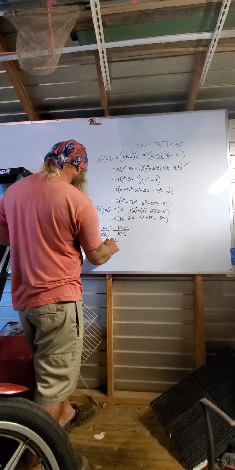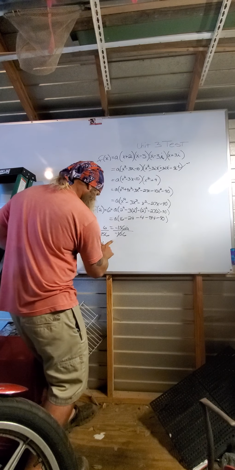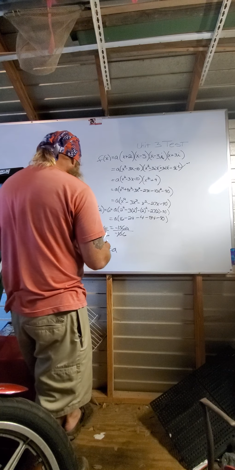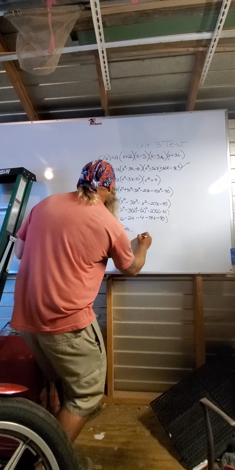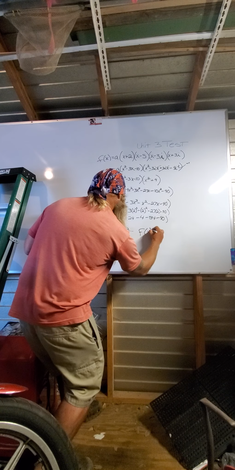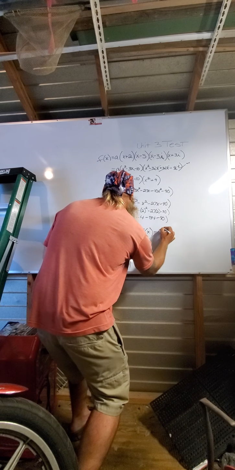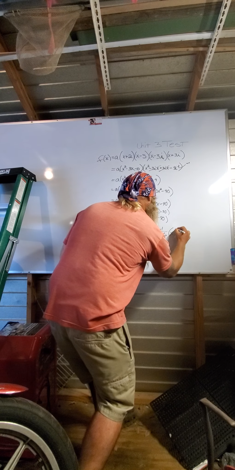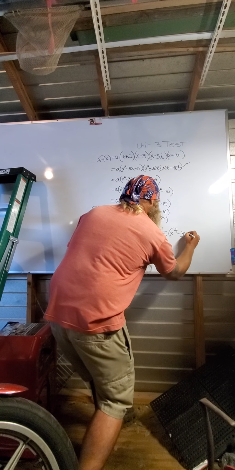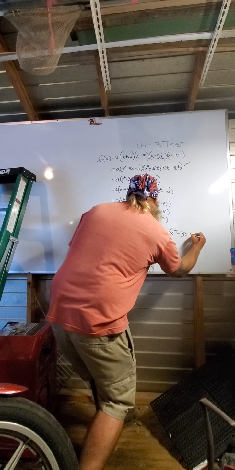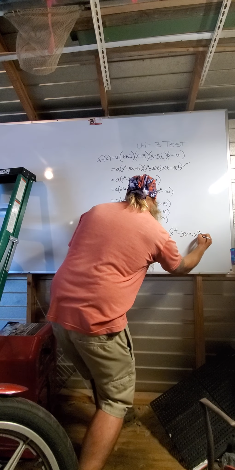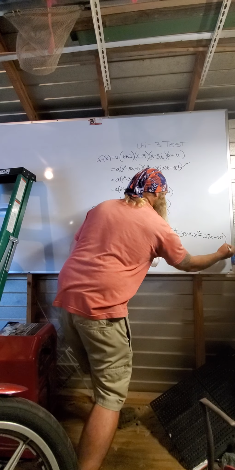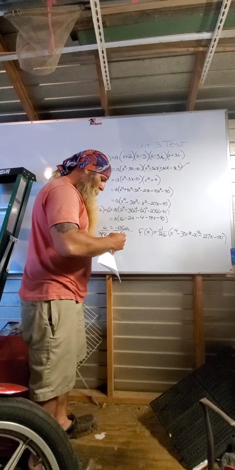And we're left over with A. So our answer, f of x equals negative 1/26 x to the 4th minus 3x to the 3rd minus x squared minus 27x minus 90.